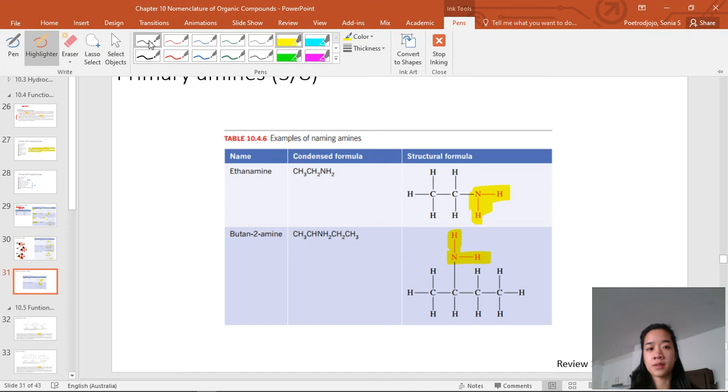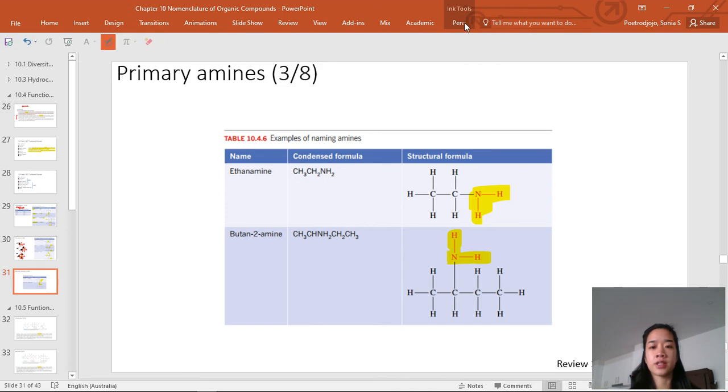This time it's more about the nitrogen. So a secondary amine would look like this, where it's attached to 2 carbons, where here it's only attached to 1 carbon. So they're both primary amine.